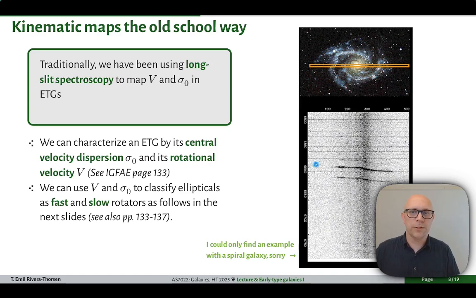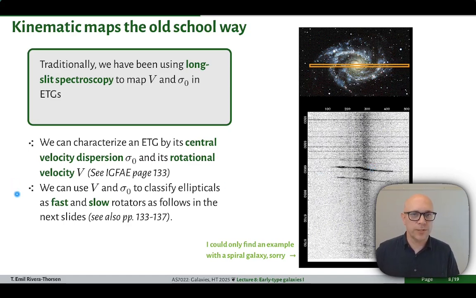And in order to characterize an early type galaxy, we will use its central velocity dispersion, which is basically the width of the absorption lines that we see in the central area of the galaxy, together with its rotational velocity, which is basically the maximum rotational velocity that we see here, and use that to characterize how dominated this galaxy is either by rotation or by internal velocity dispersion.